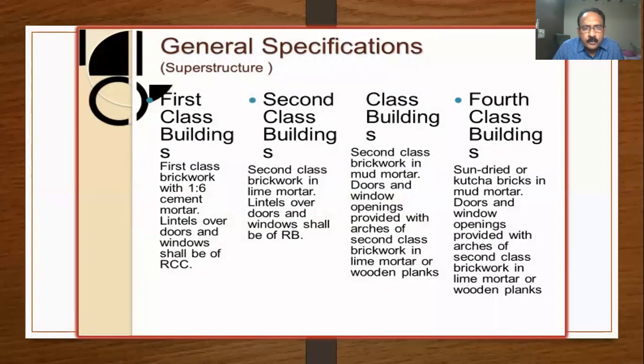You understand in a better way what a damp-proof course is. Next, we'll see other general specifications: substructure and superstructure. You know what substructure is. Till now we discussed substructure. Below the ground level, that is plinth level, is substructure. Above the ground is superstructure.